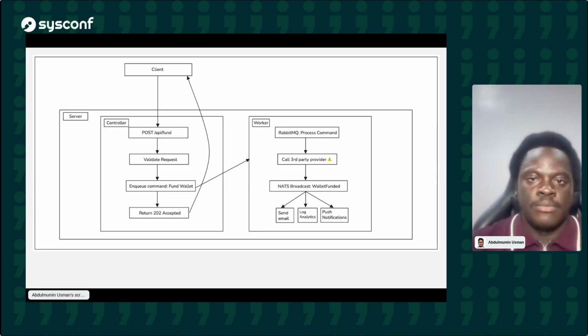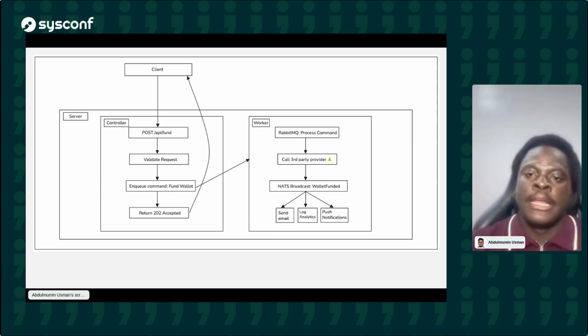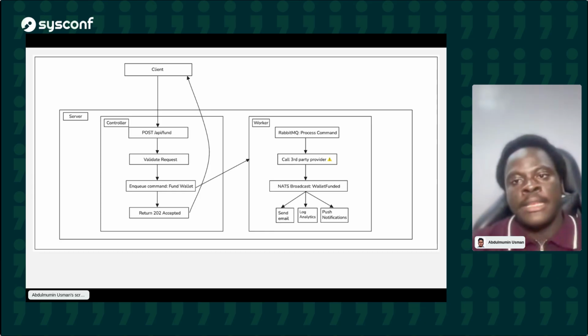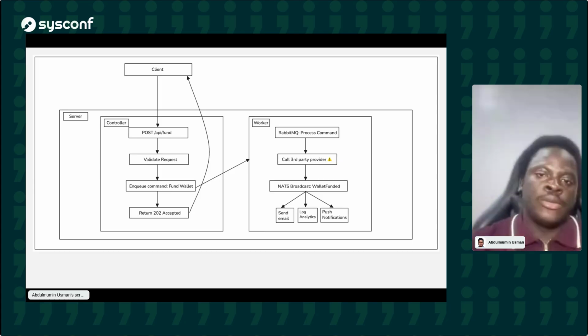It's processing somewhere in the background. You have a worker that consumes the queue, and within the worker, that's where you call your third party provider and do any other intermediate calls that you need to do. Then when you get that result, you can broadcast.